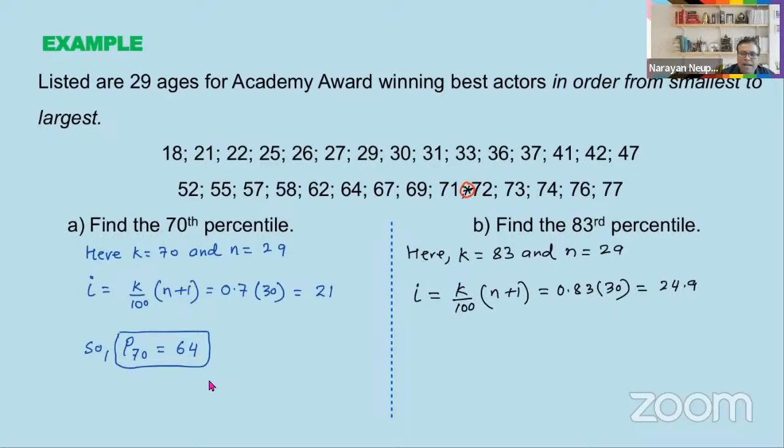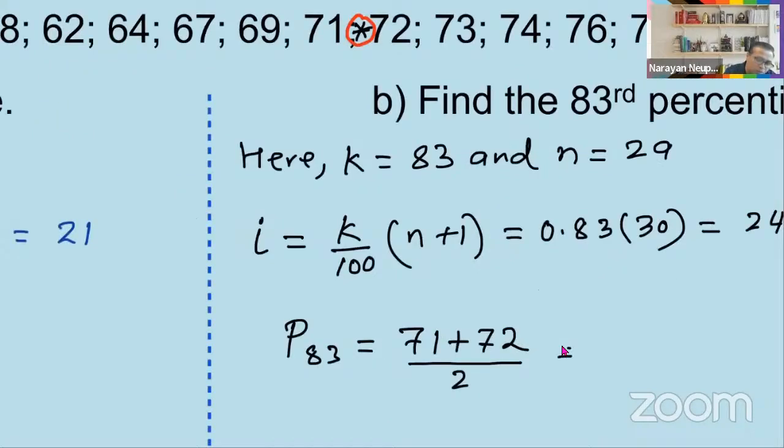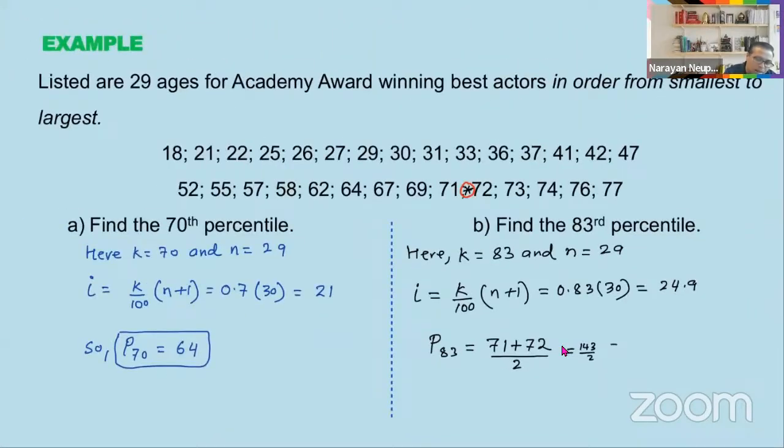So in order to find the 83rd percentile, P83, you need to find the average of the number below that and the number above that. The number below is 71 and the number above is 72. To find the average, we add the two and divide by 2. When you add that, it will be 143 divided by 2, which is equal to 71.5, right?